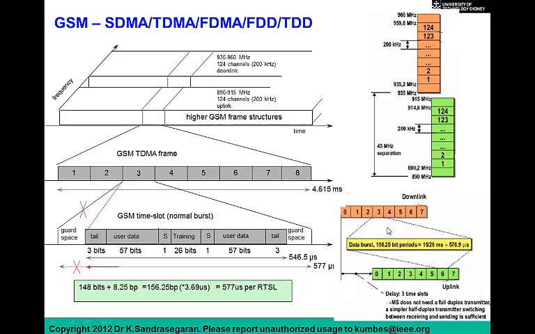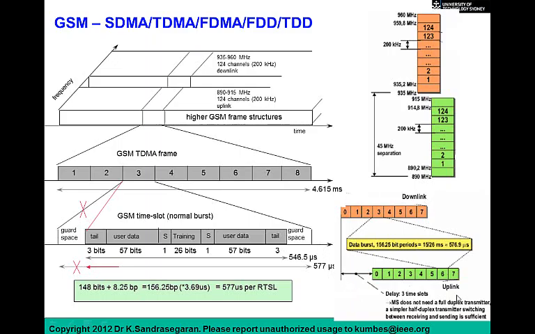Now the last part of the diagram, on the bottom right hand side, illustrates the separation between downlink and uplink. We've already seen on this part of the graph that there is a 45 megahertz separation on the frequency axis between an uplink transmission and a downlink transmission.